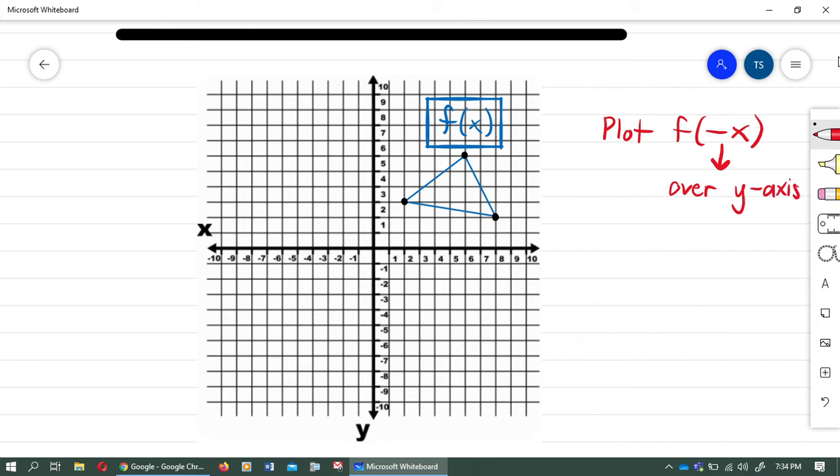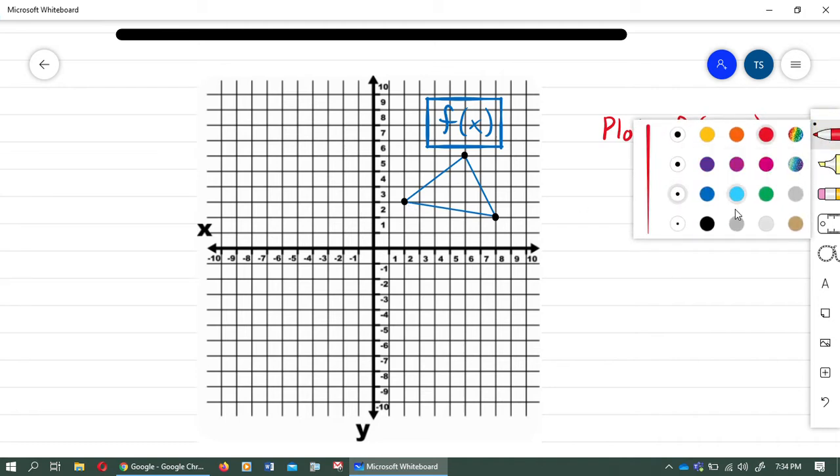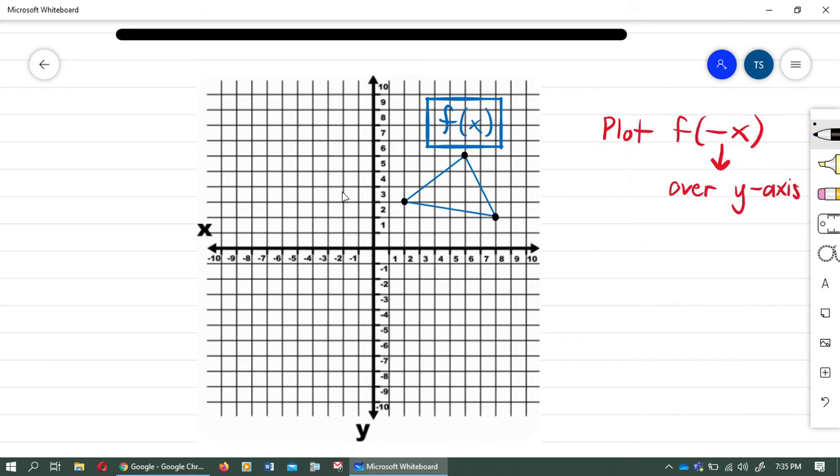Alrighty. And so if we're going to do a reflection over the y-axis, then we know that right now the parent function, this blue function, is in the first quadrant.